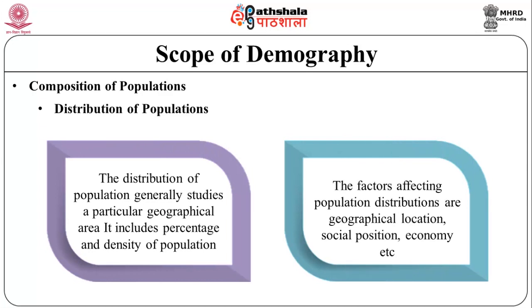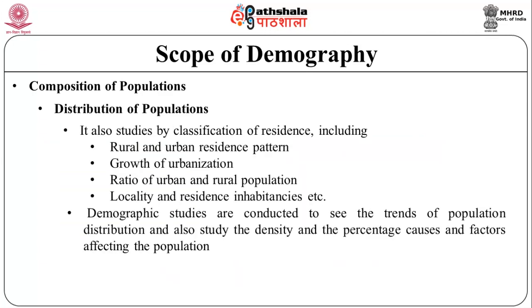The factors affecting population distribution are geographical location, social position, economy, etc. It also studies classification of residents, including rural and urban residence pattern, growth and urbanization, ratio of urban and rural population, locality and residence, inhabitancies, etc. Demographic studies are conducted to see the trend of population distribution, and also study the density and the percentage, causes and factors affecting the population.